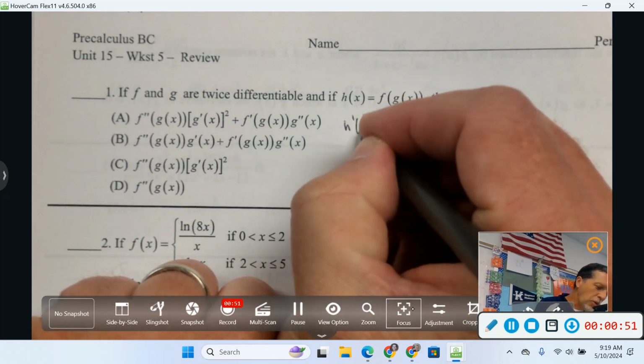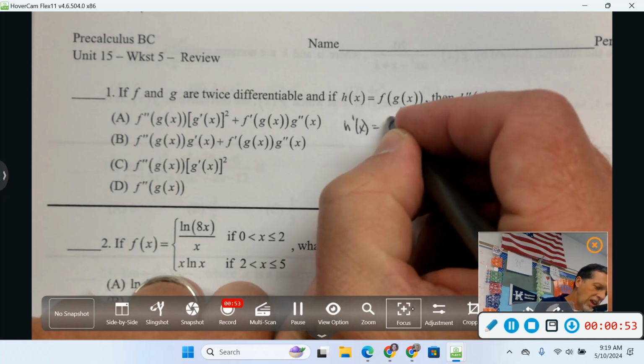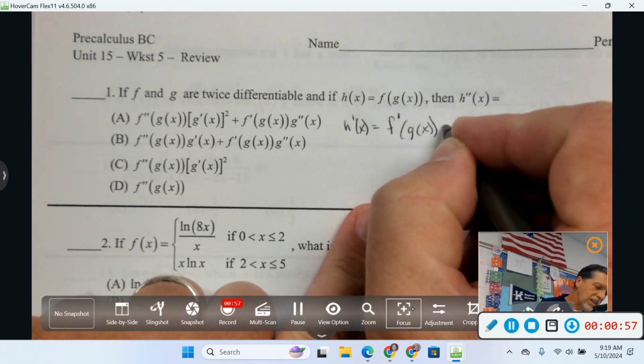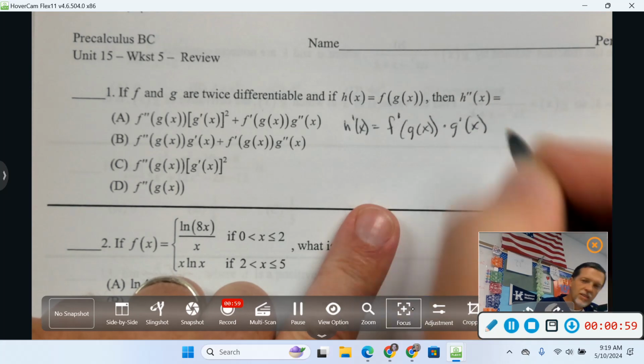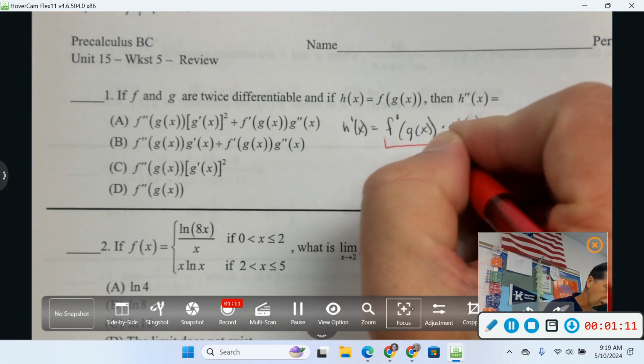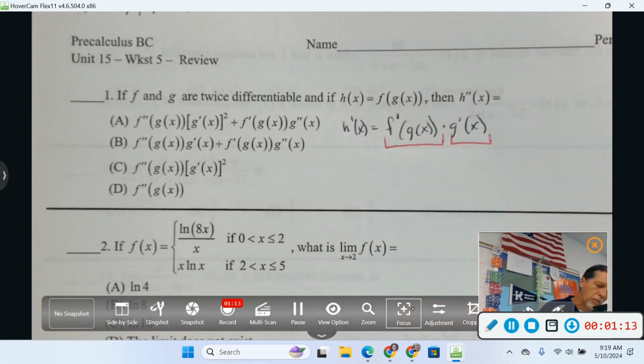Okay, so h prime of x will be f prime of g of x times g prime of x. That's the chain rule. Except now I want the second derivative, so now I'm going to have to be really careful using the product rule.